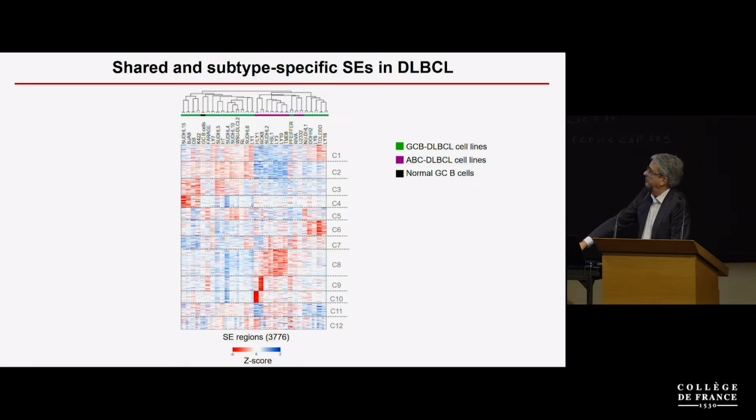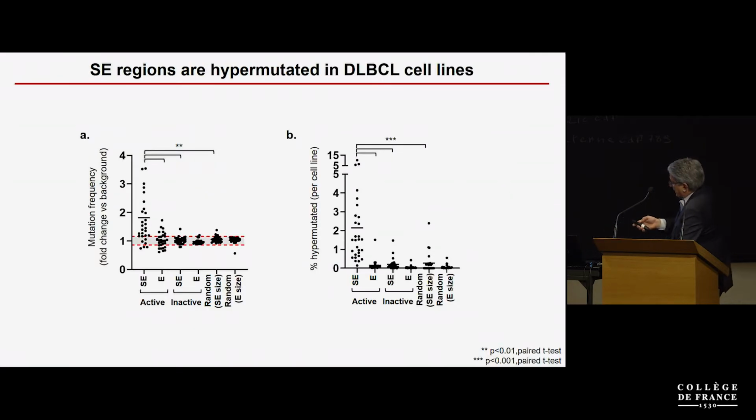And the result was actually, this shows that the activity of super enhancers varies in different cell lines, depending to some extent on their phenotype, GCB versus ABC, so we can identify active and non-active super enhancers. And the bottom line, summarized here for cell lines, is a significantly higher level of mutations in active super enhancers, but not in the same region where it's inactive in other cell lines.